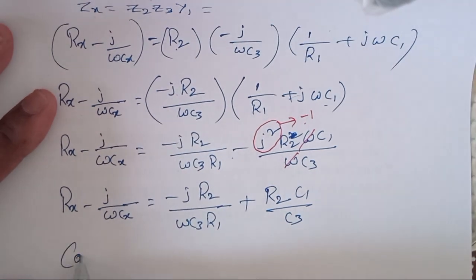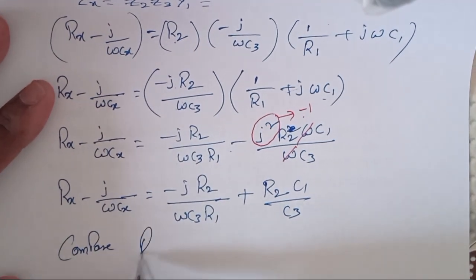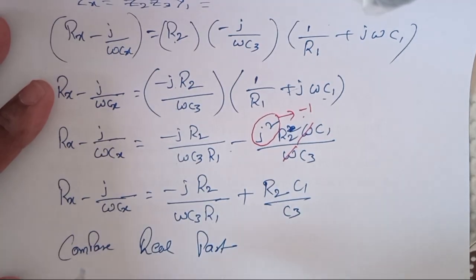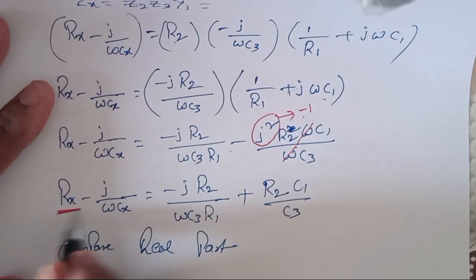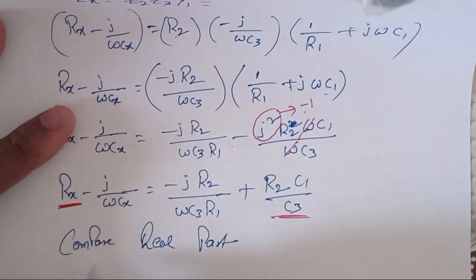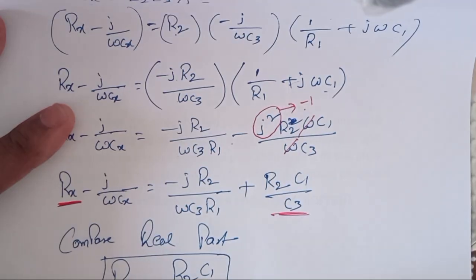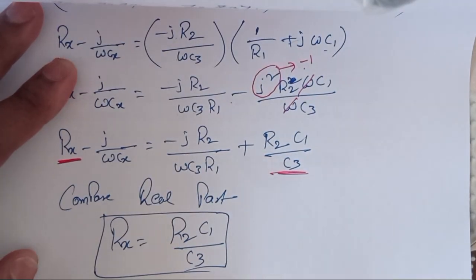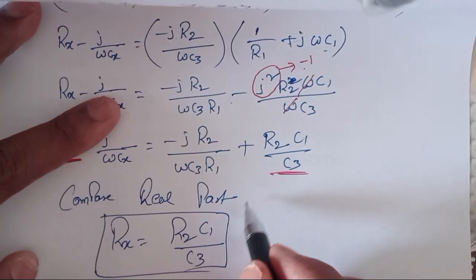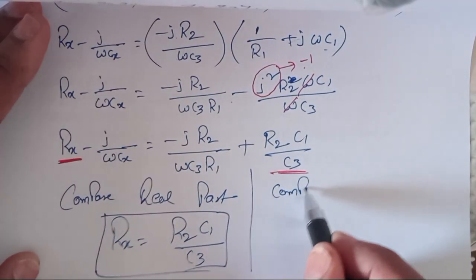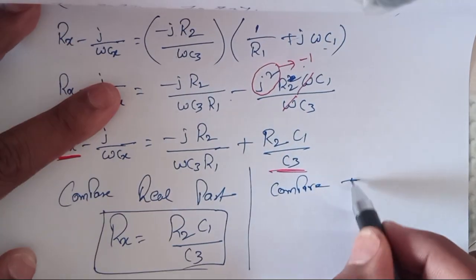So now compare the real part. Here the real part is nothing but this one and this one. So Rx equal to R2 C1 by C3. That is the real part. And similarly, we have to compare the imaginary part.